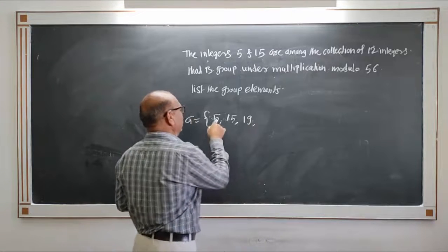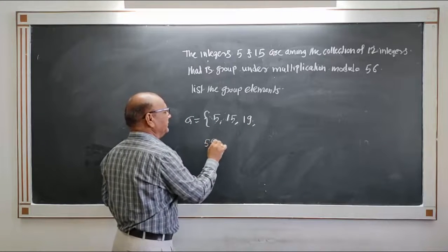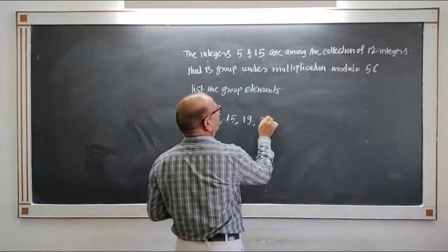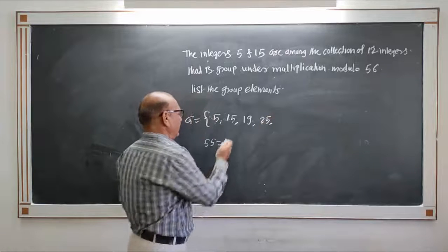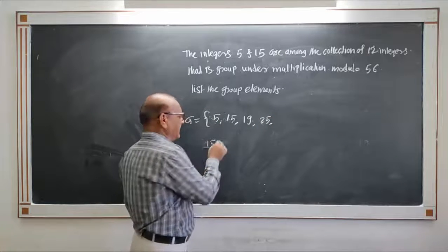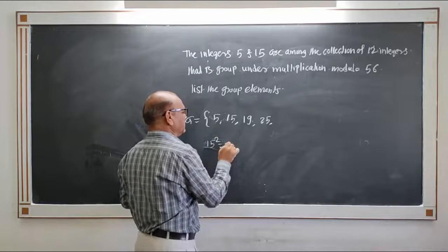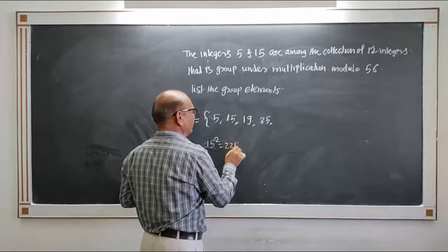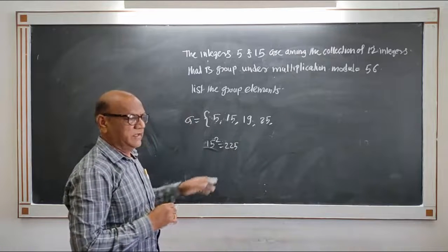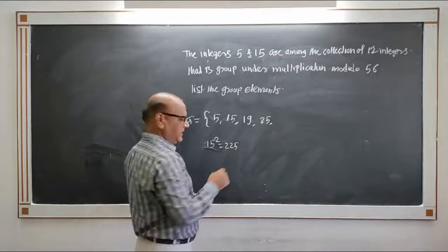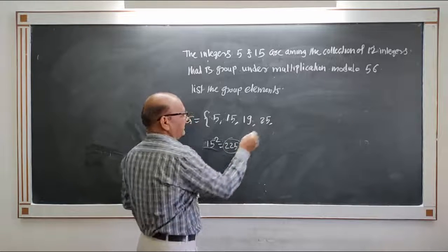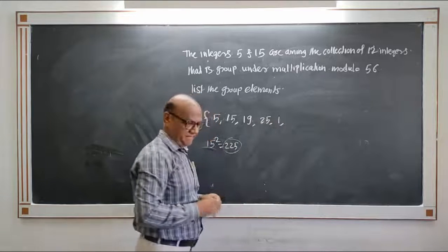Again 5 into 5 is 25. Again 15 into 15, 15 squared also belongs to this, that means 225, and modulo 56 that means 1.